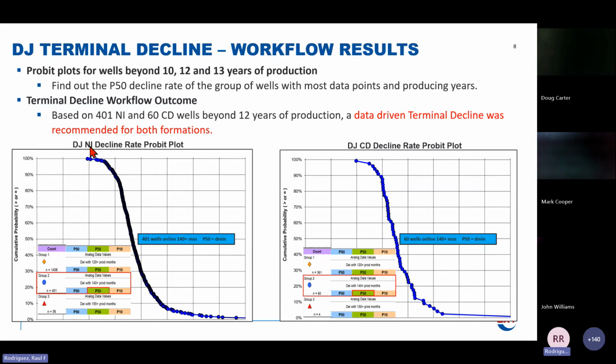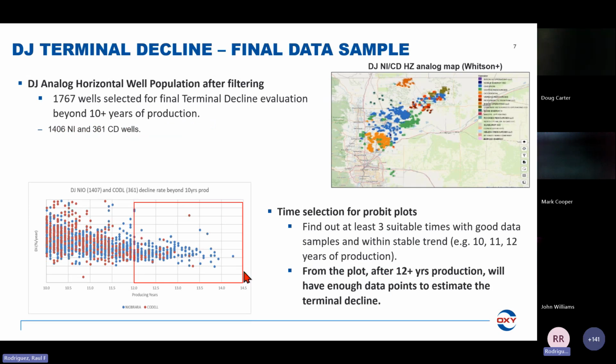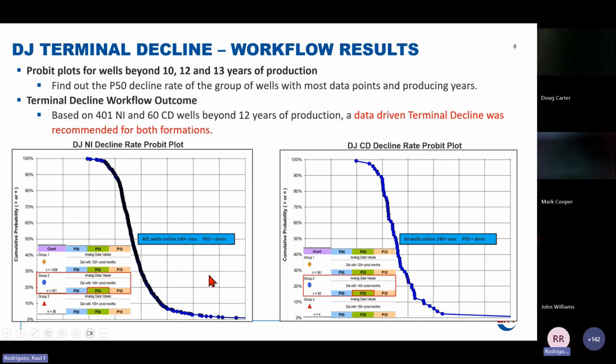For Niobrara, we separated those wells and filtered to make a probit plot for 10 years of production, meaning we have the D-min for all the subset after 10 years, then another probit plot for 12 years and another for almost 14 years. You can see here in the table, unfortunately I'm not sharing the details of the numbers, but if we use the 10,000 wells with beyond 10 years of production, you will get a P50.